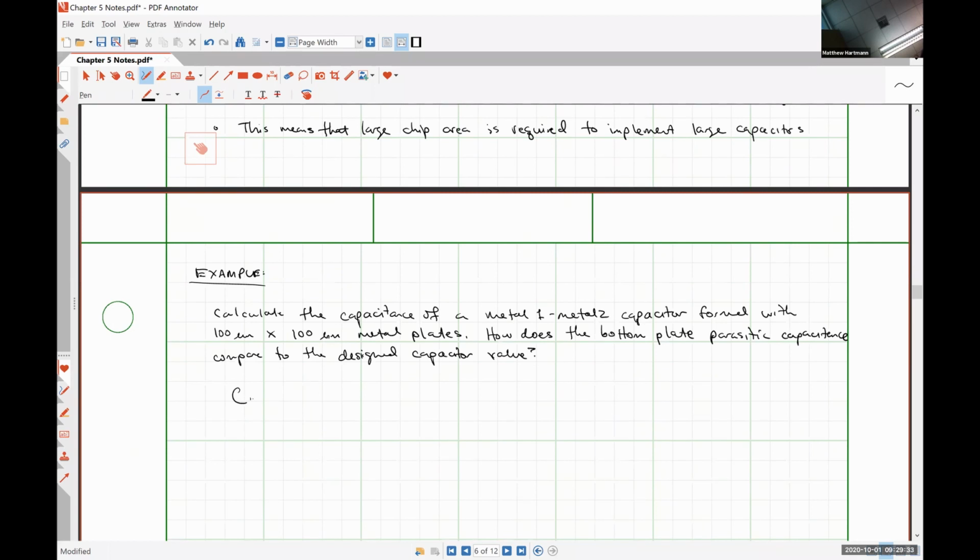capacitor formed between our metal 2 and metal 1 plates is going to have an area component and a fringe component, all right? Because we have data available for the fringe.